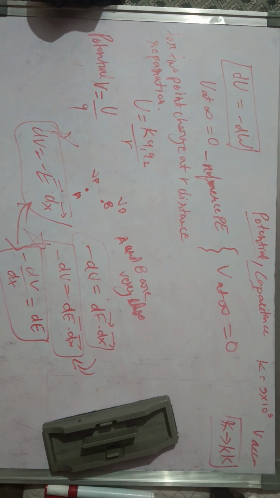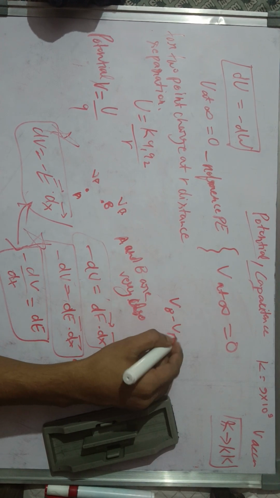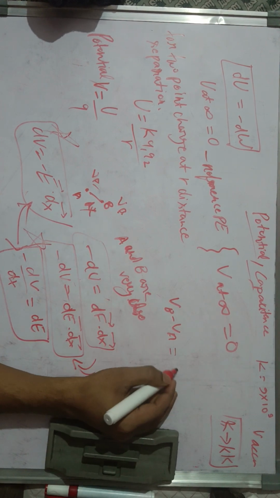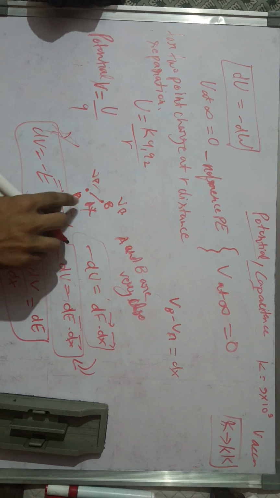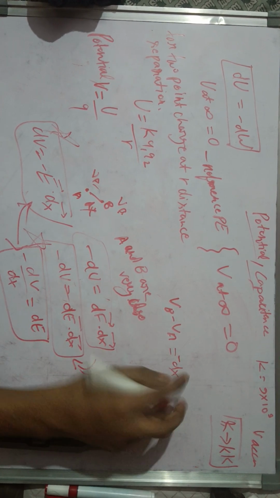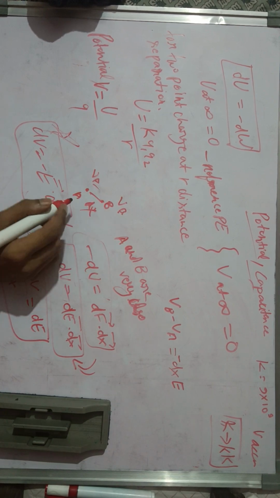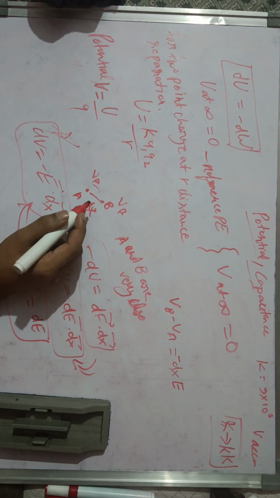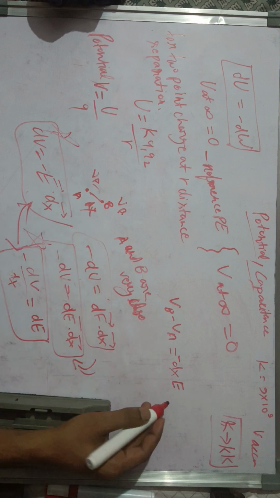Important, these two equations. In this case, let's say this is the final potential VB minus VA, and the distance between them is dx. Then VB minus VA is equal to dx times minus of the electric field between them, with the direction of the electric field taken according to this.